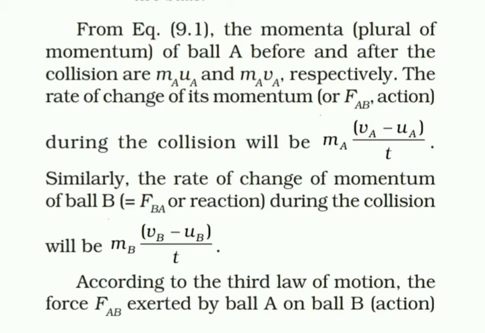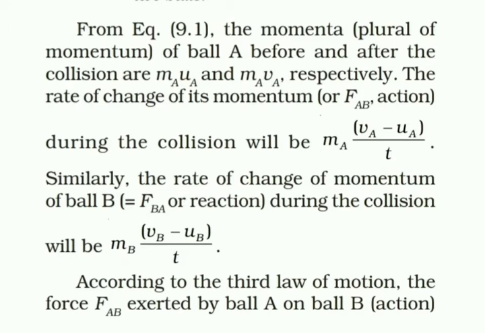The rate of change of its momentum, or FAB, the action force during the collision, will be mA into (vA minus uA) by t. Similarly, the rate of change of momentum of ball B, equal to FBA, the reaction force during the collision, will be mB into (vB minus uB) by t.